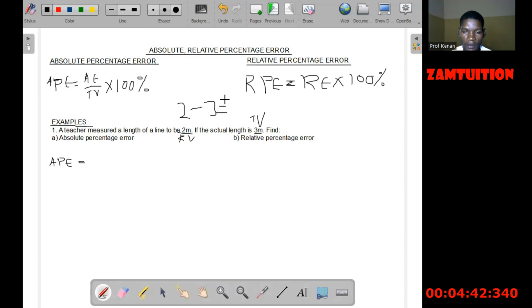Once you find the answer, you have to take its magnitude. If it is -1, it has to give you +1. If it is +1, it stays +1. Positive numbers don't change; only negatives change. So that is our absolute error. The absolute error was 1. And then we divide by the true value, which is 3, and then we multiply it by 100.